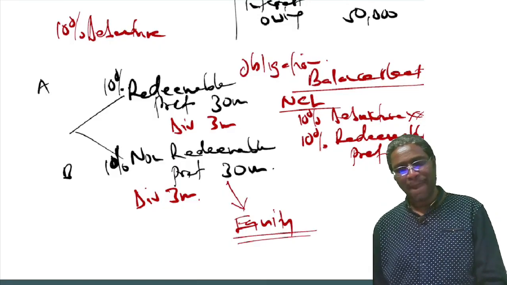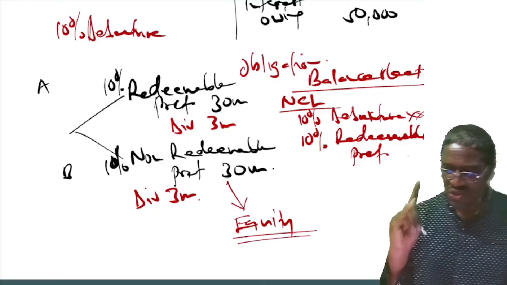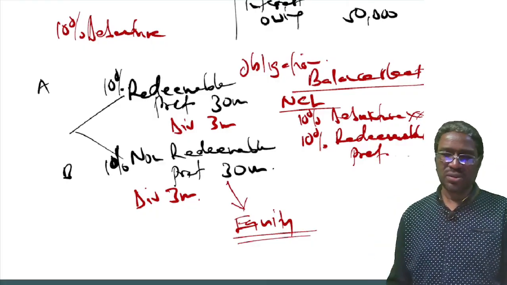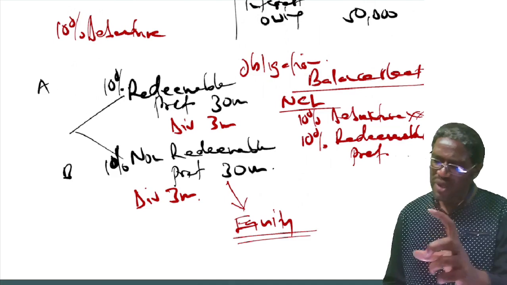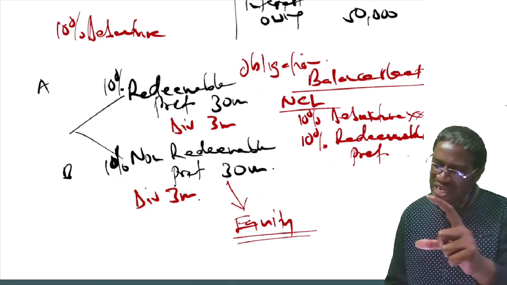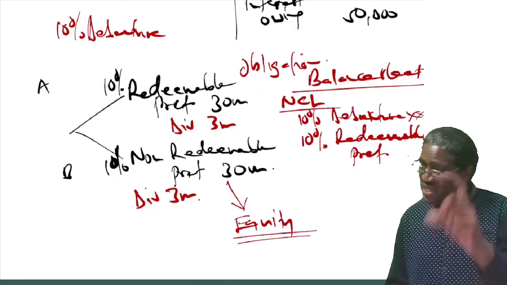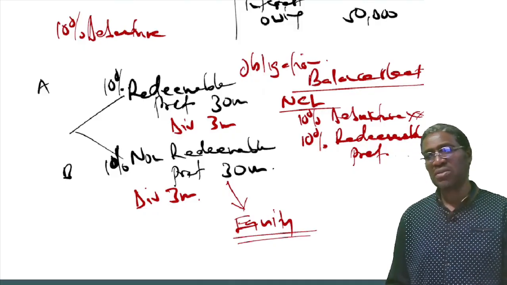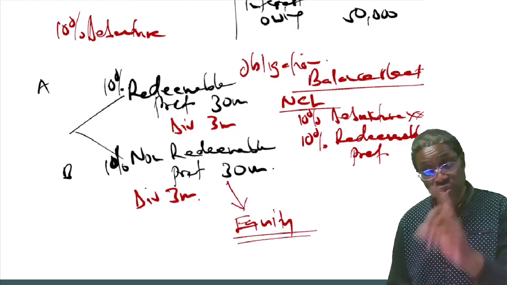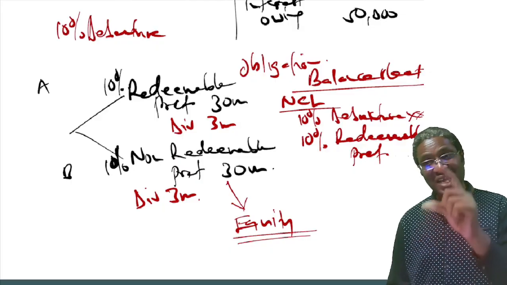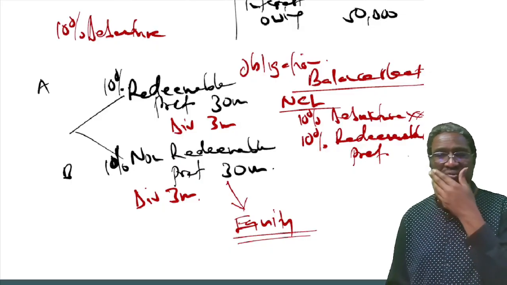Now listen. The question again is this. These two companies, will they treat their dividend the same way? Will they treat their dividend the same way? The answer is no. Listen, the answer is no.